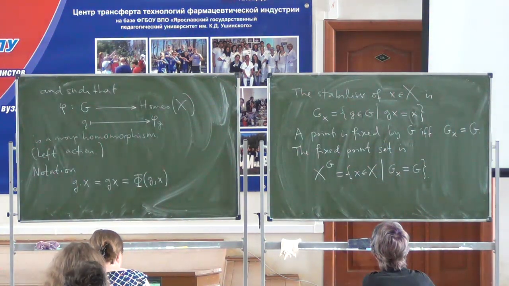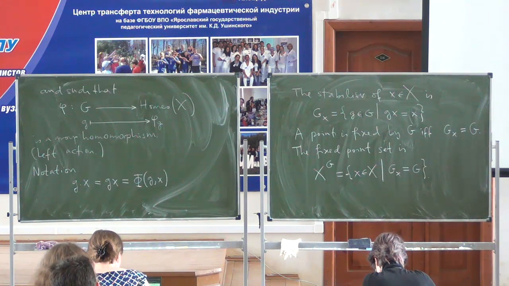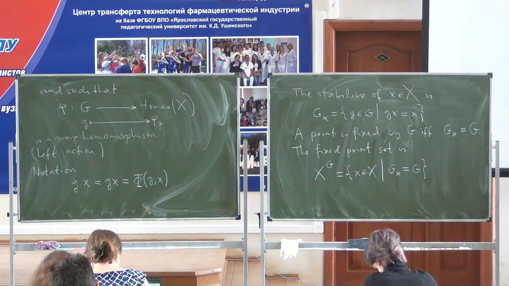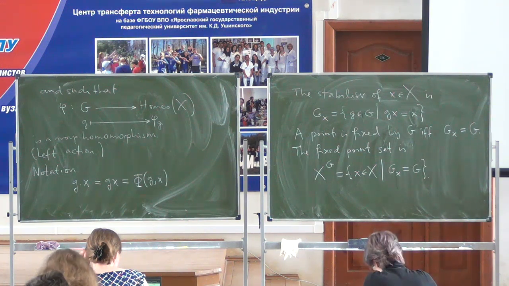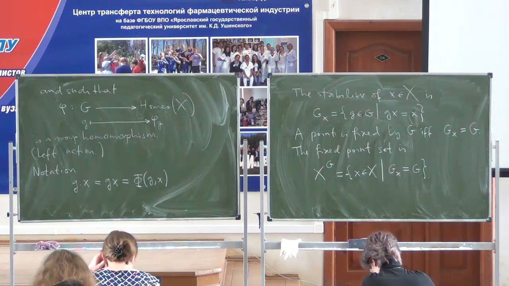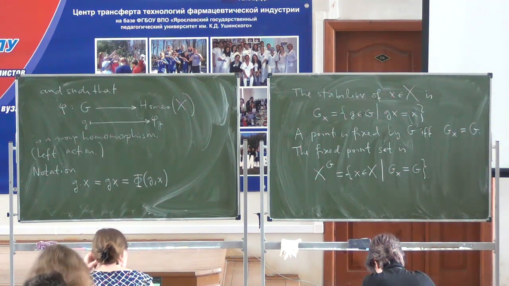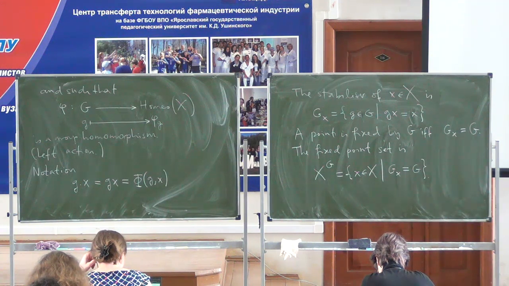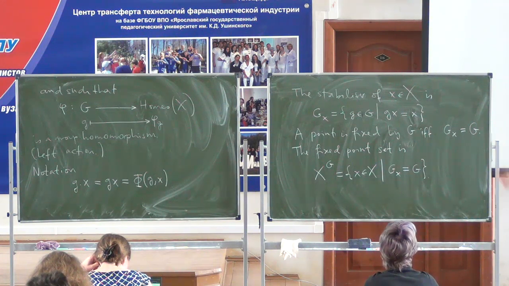The action is said to be effective if the morphism little phi is injective. And the action is said to be free if the stabilizer of each point is trivial.